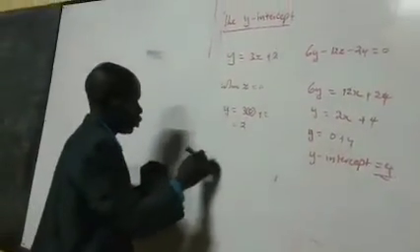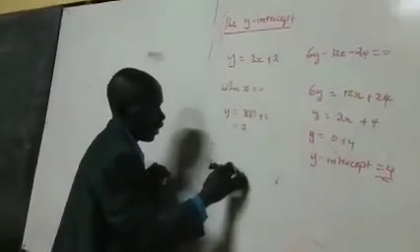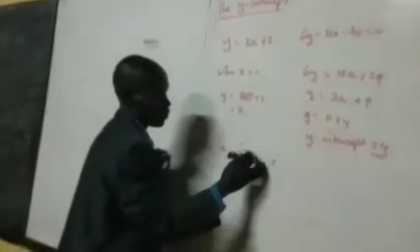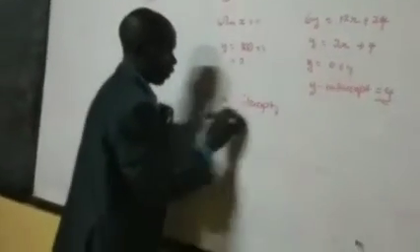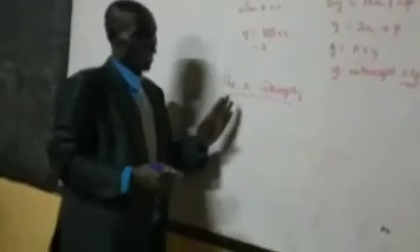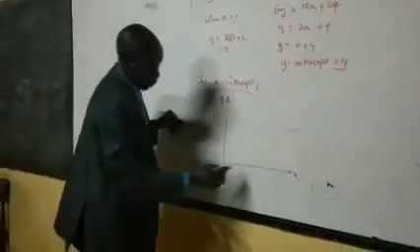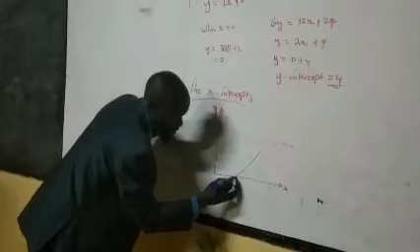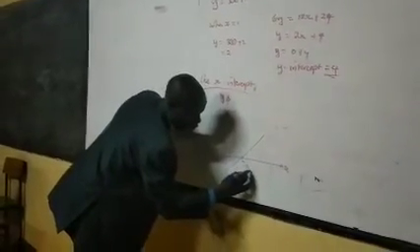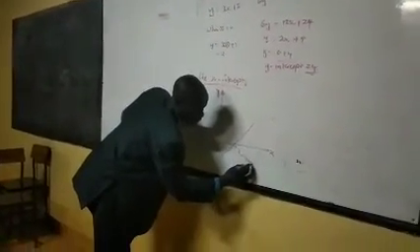Therefore, we can also look at the x-intercept. This is the point where the line cuts the x-axis. If that is the y-axis, and that is the x-axis, then the point at which the line will cut the x-axis, this is what we call the x-intercept.